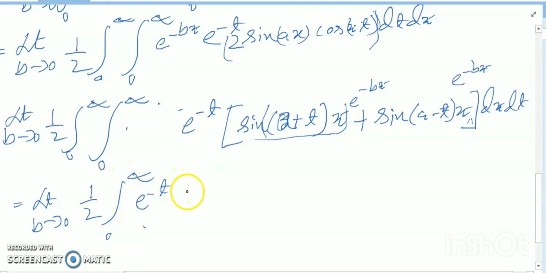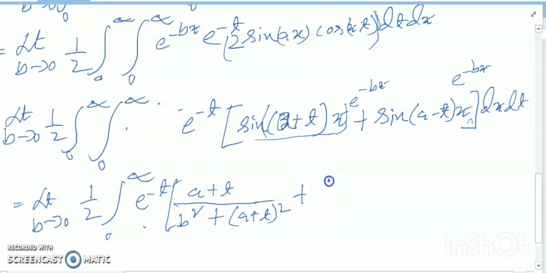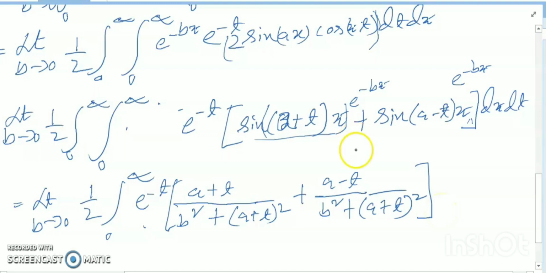So we get (a plus t) divided by b square plus (a plus t) whole square, and another is (a minus t) divided by b square plus (a minus t) whole square. So this is the simple Laplace transformation, and in here I can write dt.